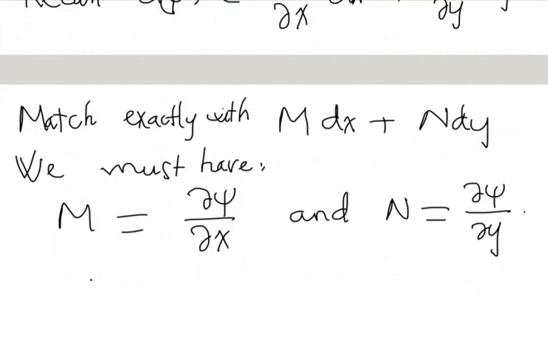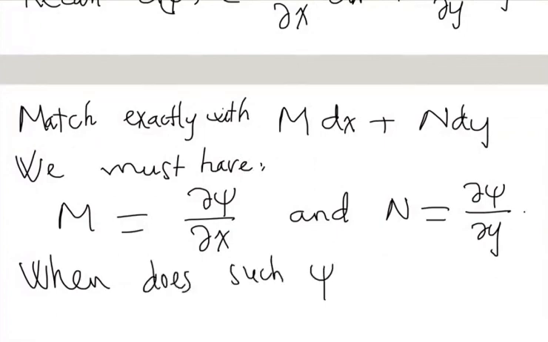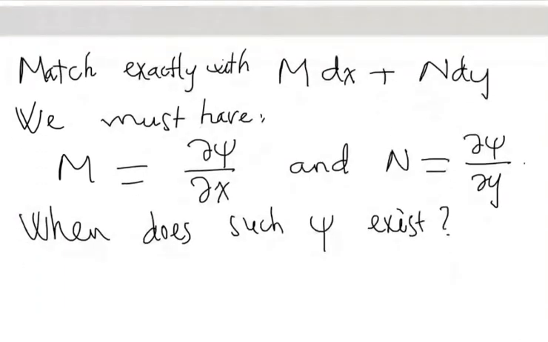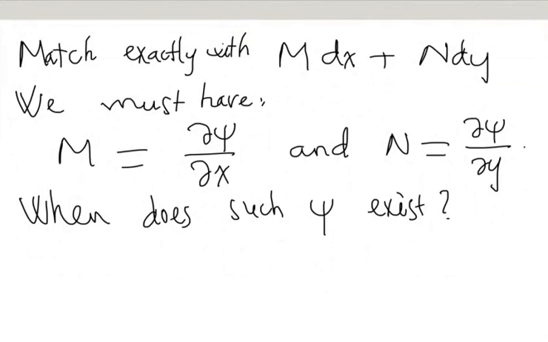So how or when can this happen? M is partial psi partial x and N is partial psi partial y. In order to check when such a psi exists, we will use a fact from Calculus 3.